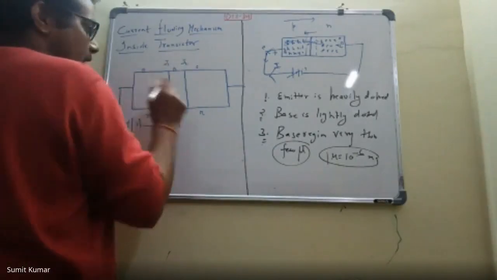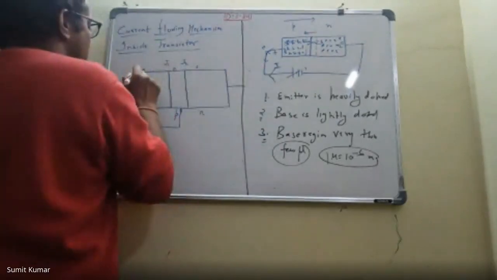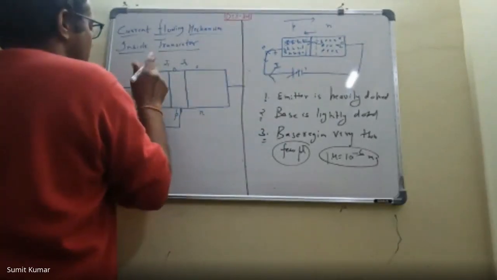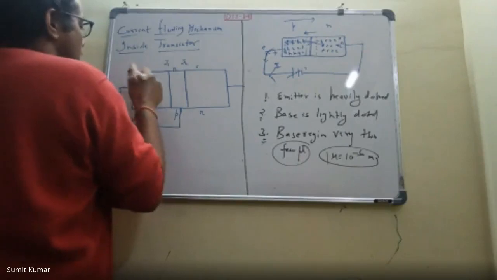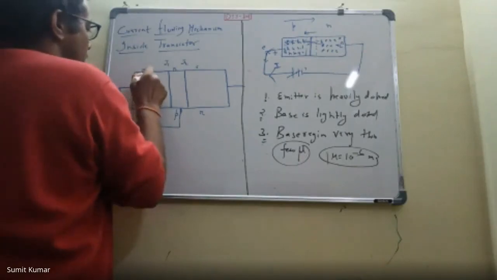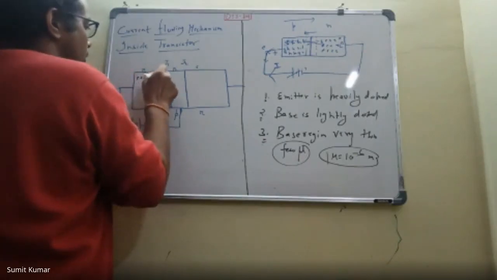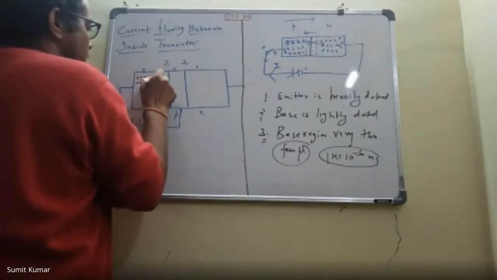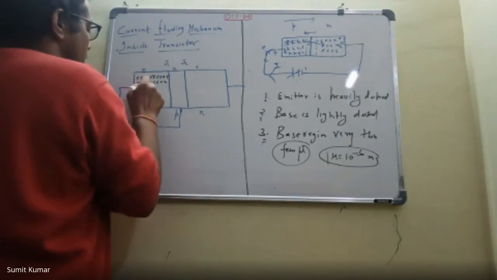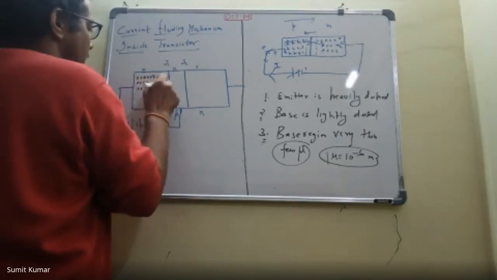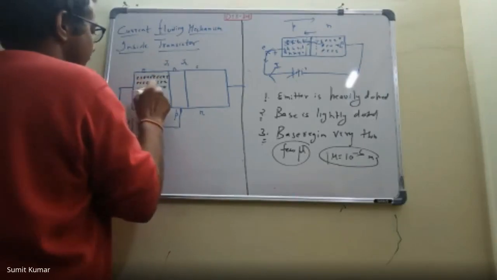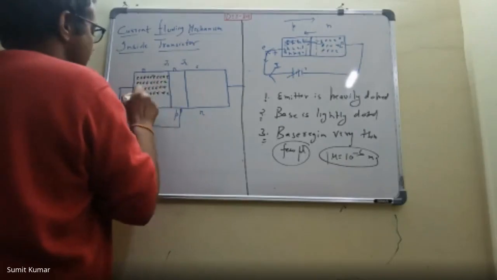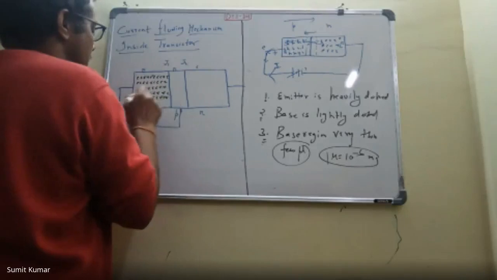So here we can understand, emitter is heavily doped. So what do we mean by emitter is heavily doped? There are lots of free electrons available in the emitter region.